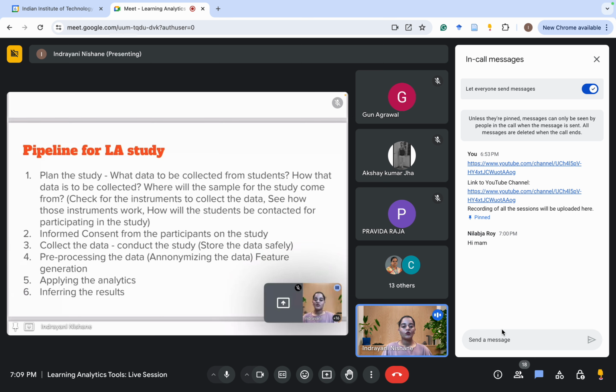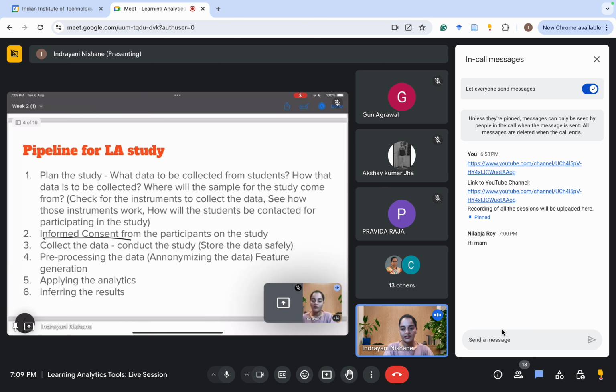Now, once you want to conduct the study, before that there is a very important step, which is informed consent. Last year, this thing was very hot in the news, that the European Union had floated new data ethics for data collection from private service providers like Facebook, WhatsApp, YouTube, Netflix, and so on.